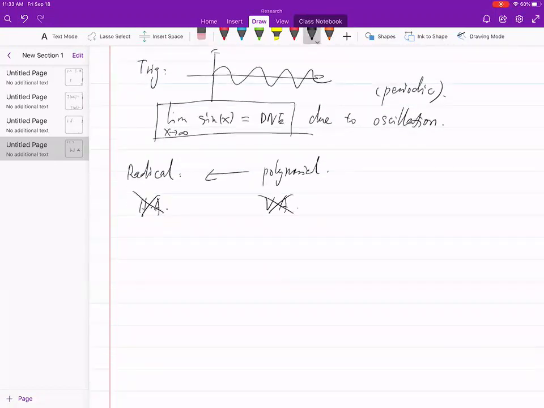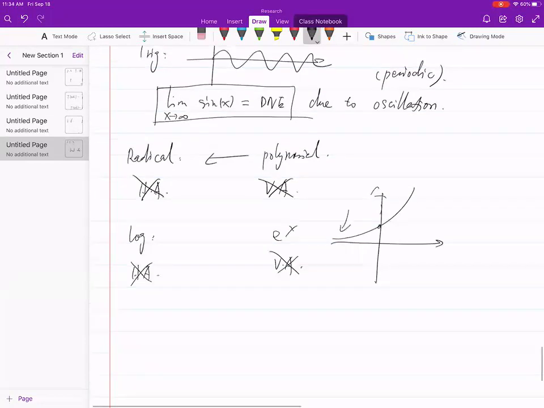Okay. Log, you want a horizontal asymptote. You just look at exponential and say, do you have a vertical asymptote? We just did it. The answer is no. Actually, it's the other way around. I have a horizontal asymptote, so this one should have a vertical asymptote, which is true.